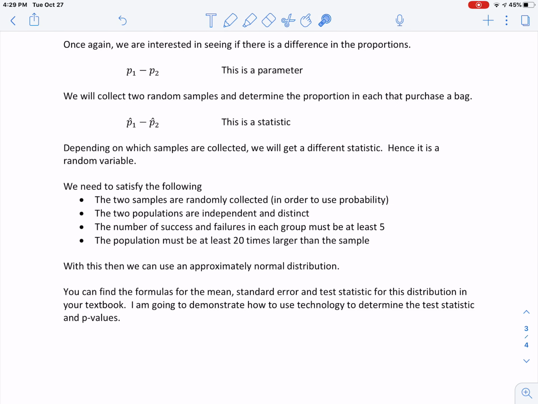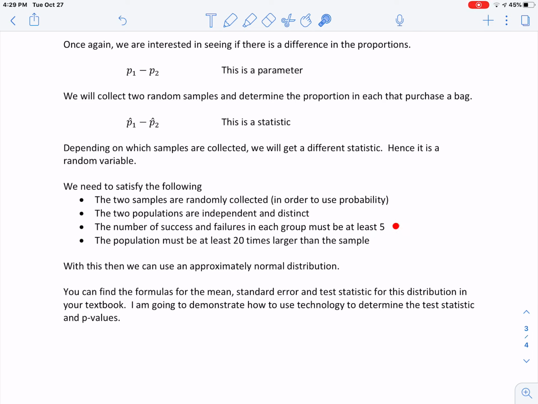Now, to use our probability model, we need to satisfy the following. This is very important. First, two samples are randomly collected. That's a true statement for any hypothesis test, and this is because we're using probability. For this, we also need our two populations to be independent and distinct from each other. The number of successes and failures in each group must be at least 5. So we have to have at least 5 failures, at least 5 successes in both groups.